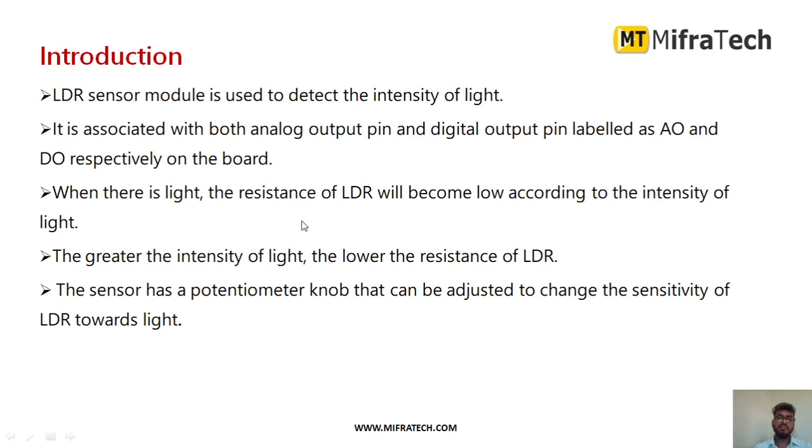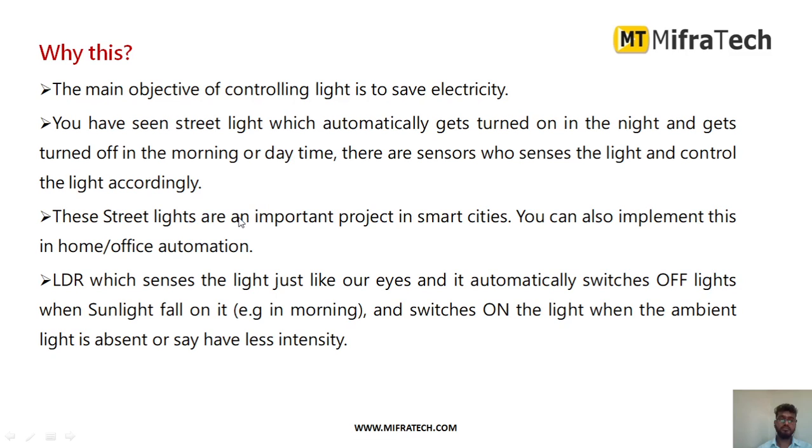Depending on these resistance changing values, we can measure whether there is sunlight or not. The greater the intensity, the lower the resistance of the LDR will become. And there is a potentiometer knob, which I showed, where we can adjust the sensitivity of the LDR module.